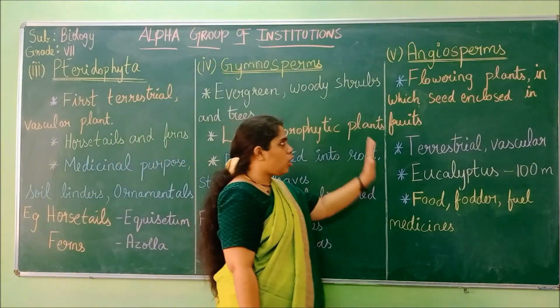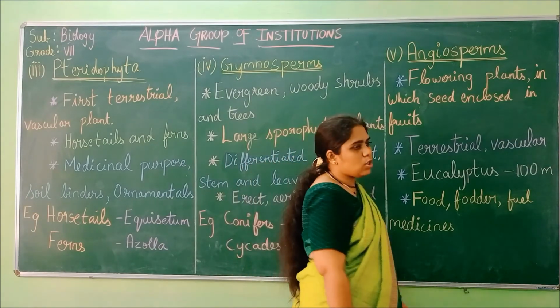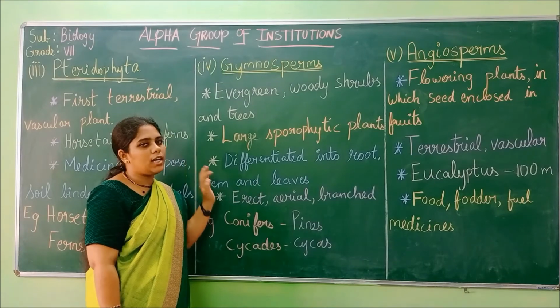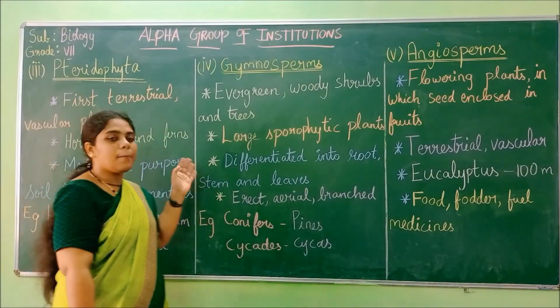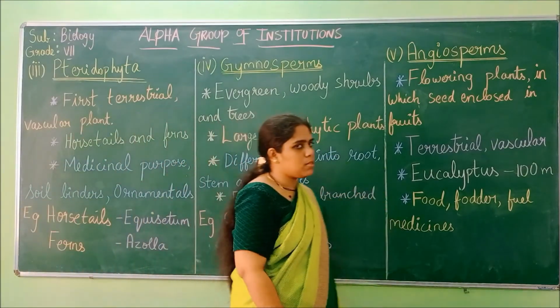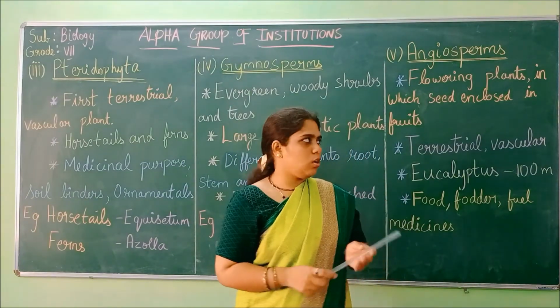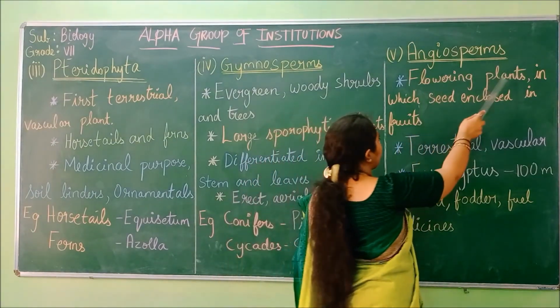Then we move on to the angiosperms. In gymnosperms we have seeds but no flowers or fruit. But coming to angiosperms, we have seeds, fruits and flowers also. They are the flowering plants.